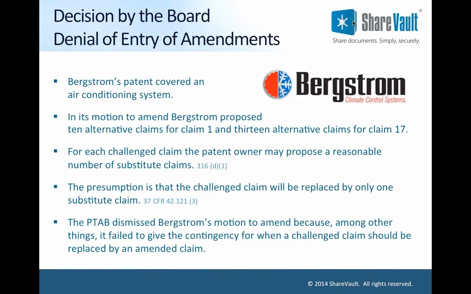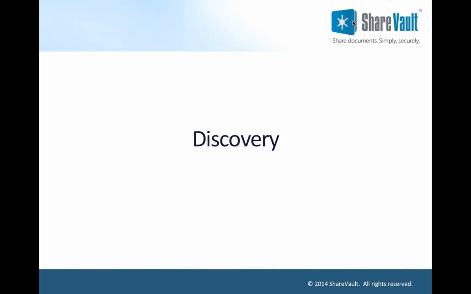And the PTAB dismissed the motion to amend because they said basically that Bergstrom hadn't articulated a contingency under which the alternative claims would be entered, and therefore there were too many, and the amendments were denied.